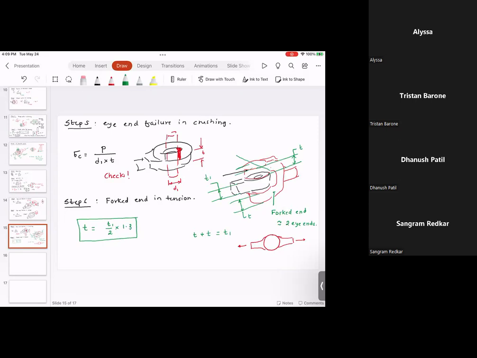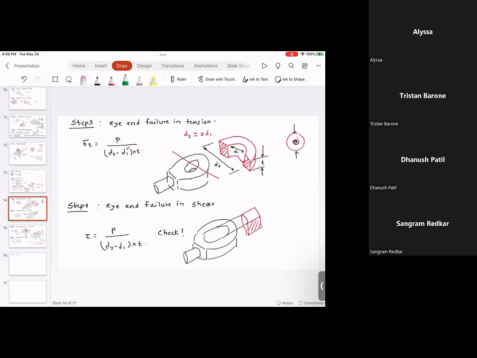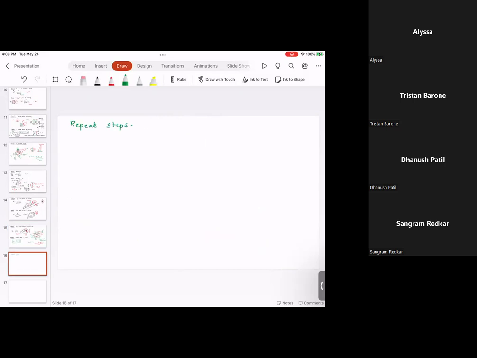And once you find this T, which is the thickness of the forked end, you would have to repeat steps 3, 4, and 5 to check. So how would you check it?